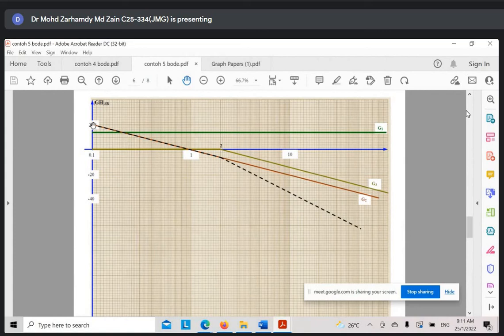So from here okay, start from 0.1 until 2 we don't have any gradient involved. Only one gradient. Yang ni saja yang dominate. Okay. After 2.2 omega we have two gradient, 1 and 2. We have negative 20 for G3, negative 20 for G2.